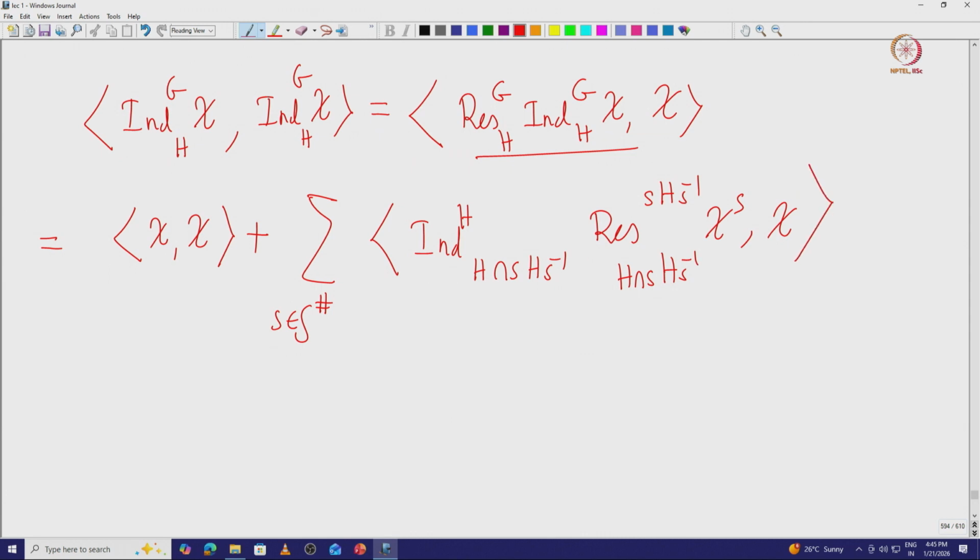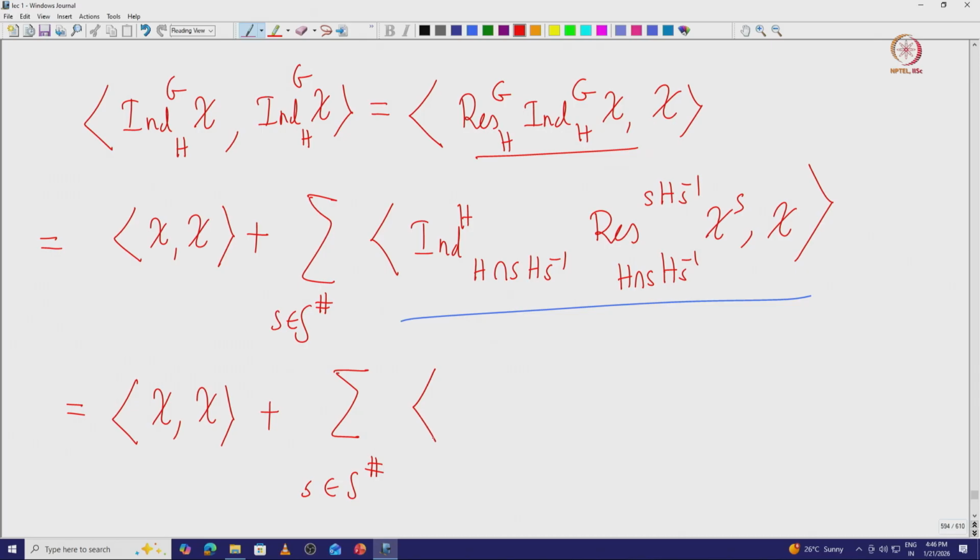So, now again what we can do, we can use Frobenius reciprocity, then this can be rewritten as follows. So, if you again use Frobenius reciprocity and rewrite, this is going to be chi comma chi, the inner product, where summation S running over S hashtag, where you have now you keep this restriction chi S, and then this induction will be shifted to here as restriction.